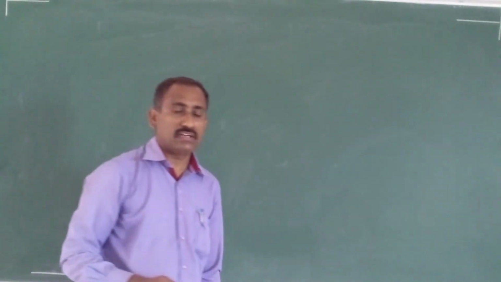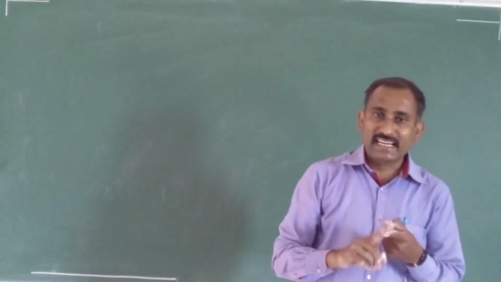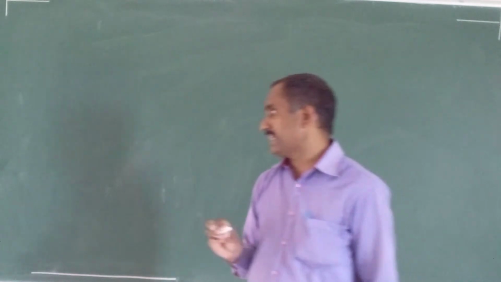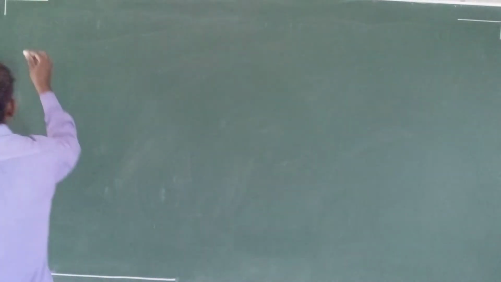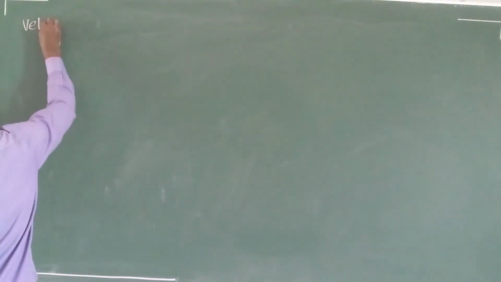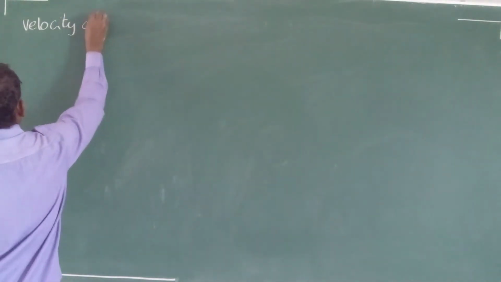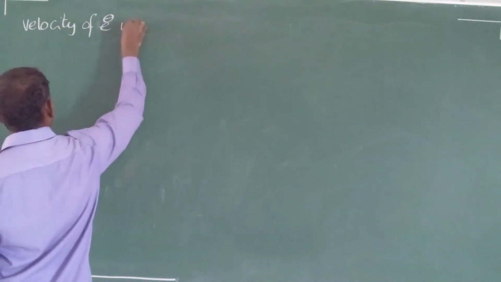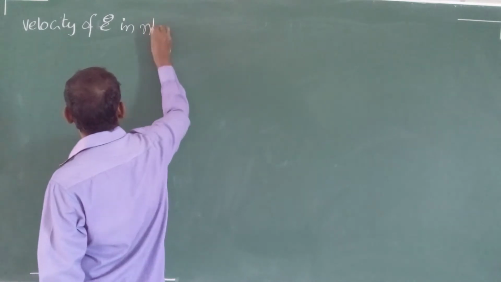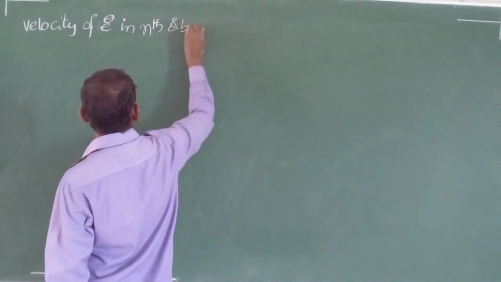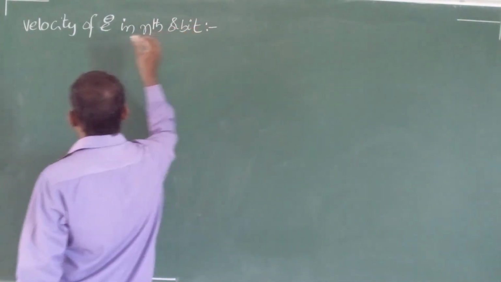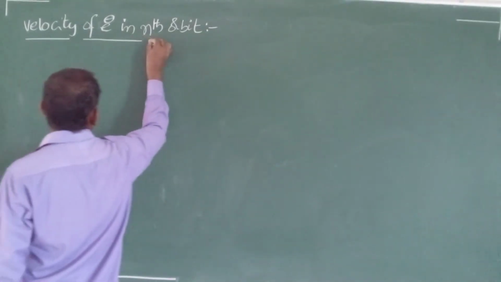Next, up to now we discussed the formulas for radius and energy. Next, the velocity of electron formula. Velocity of electron in the nth orbit. Just like radius and energy in the nth orbit, a formula for velocity is there.